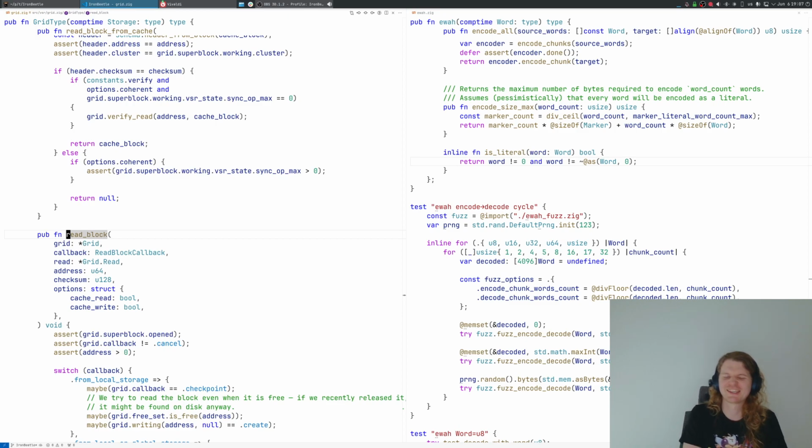Which, again, doesn't make a lot of sense right now, but hopefully in 2 or 3 episodes this will make sense, because we'll take a closer look at how we store the FreeSet in the grid, how we do checkpoint, and how we do repairs, which at some point is going to be mostly a repeat of what we've already covered.